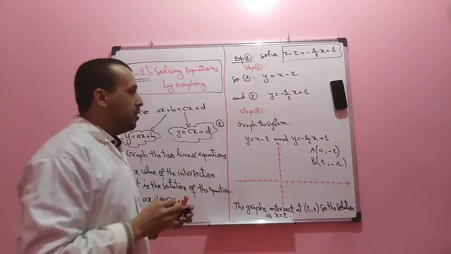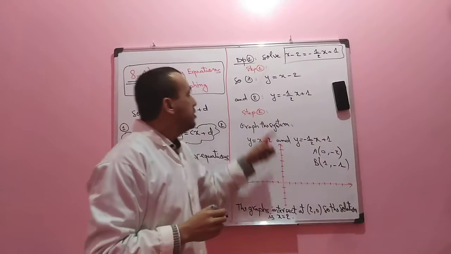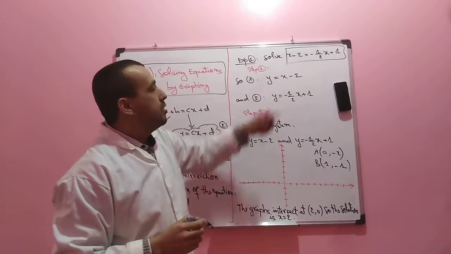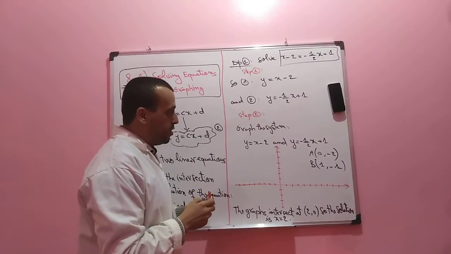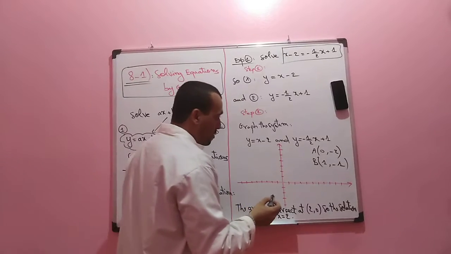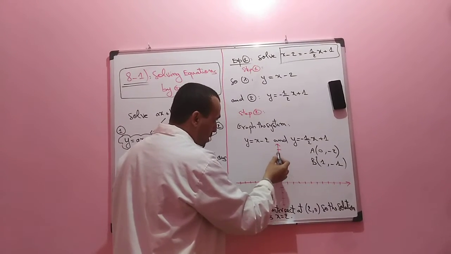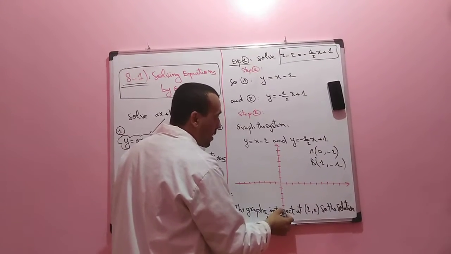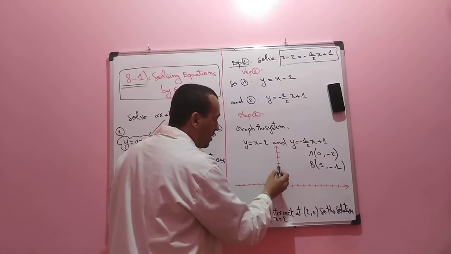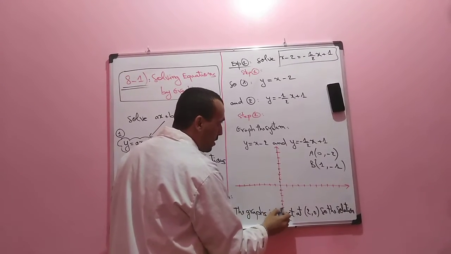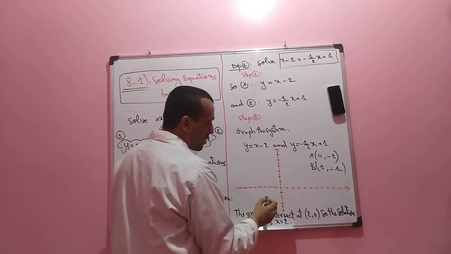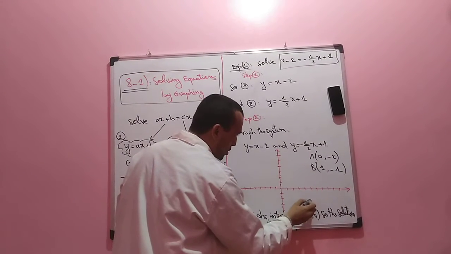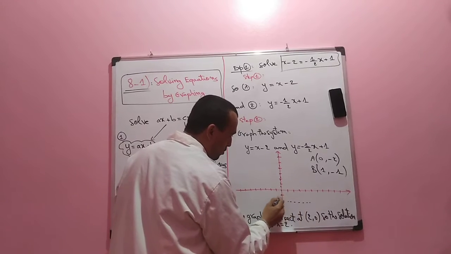Now we plot these two points, A and B, to draw the first line, y equals x minus 2. A is 0, minus 2. So x equals 0 and y equals minus 2, and the position is this point.